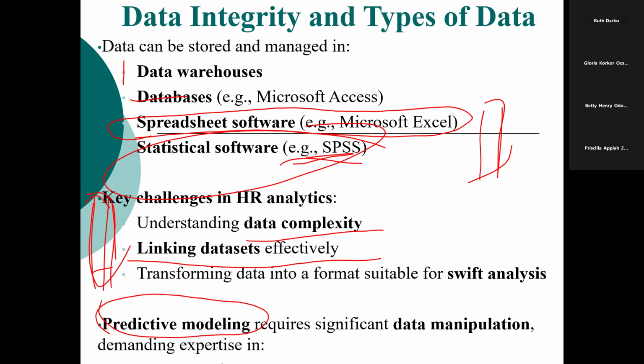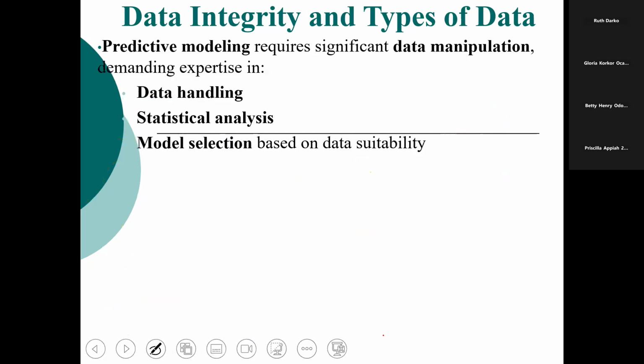So there is a need to do manipulation. And what we are going to do today is basically start with predictive modeling. Manipulate the data in the right sense. And to do that, we need to know how to handle data.